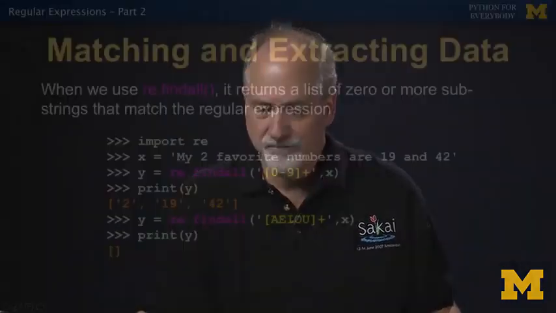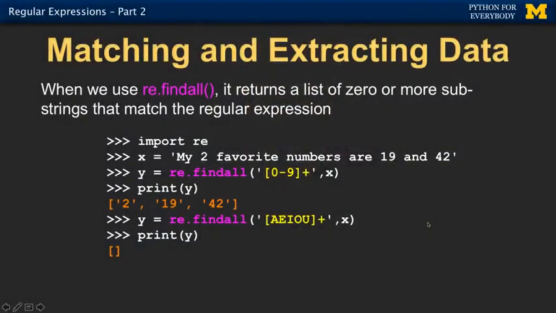Okay, and so it returns 0 or more things. In this case, we asked for 1 or more. So that's a single character. It's an uppercase vowel, A, E, I, O, U, all uppercase. Plus means greater than or equal to 1. So there's got to be at least 1.